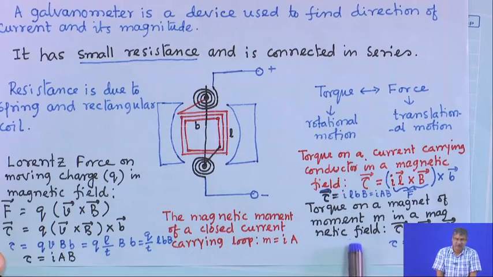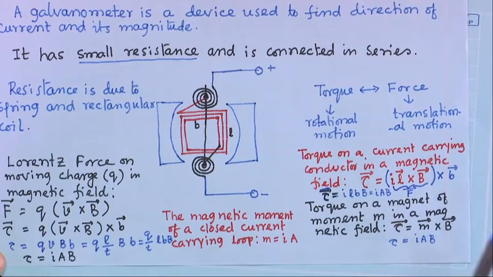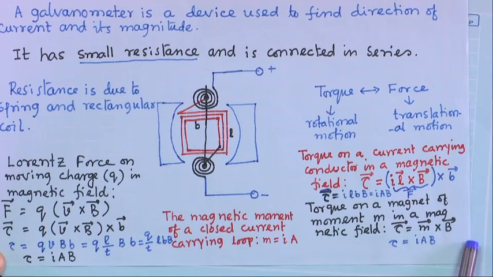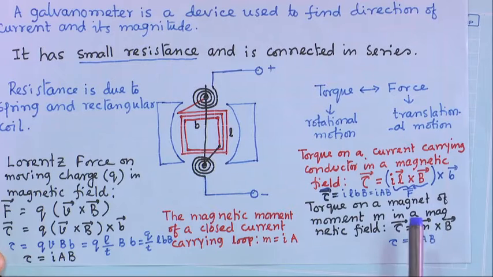Another way to find out the torque is, if a magnet of moment m is in a magnetic field B, then torque is m cross B. M is the magnetic moment of the magnet which is placed in the magnetic field B. So, that torque will work on this magnet. Now, where does this magnetic moment come from?